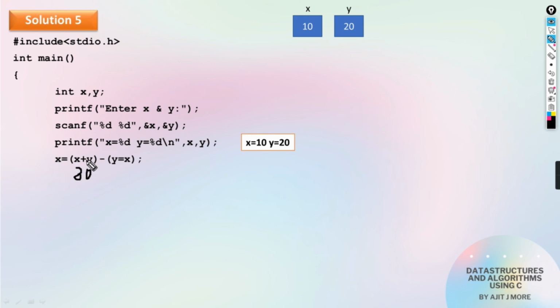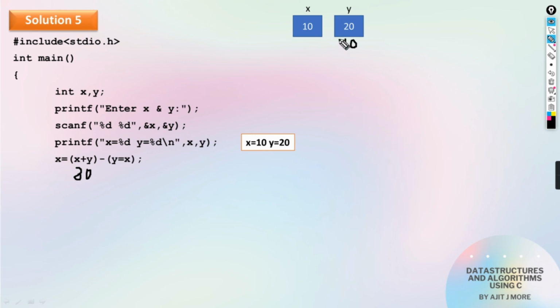Okay, so x plus y, that is 10 plus 20, is 30. So bracket result is 30. Next what it is doing, see, y equal to x means it is assigning value of x to y. So value of x is 10, it is assigning it to y. Getting? So in y what will get stored? 10.